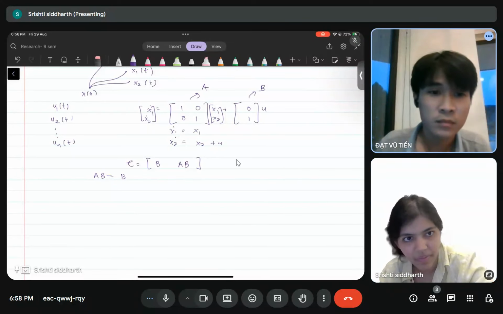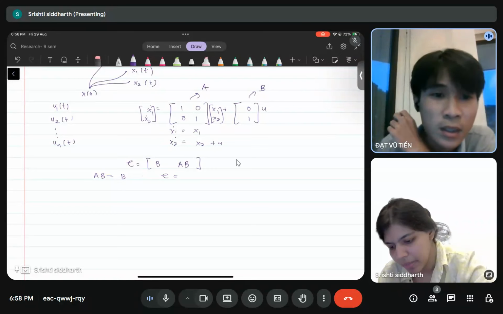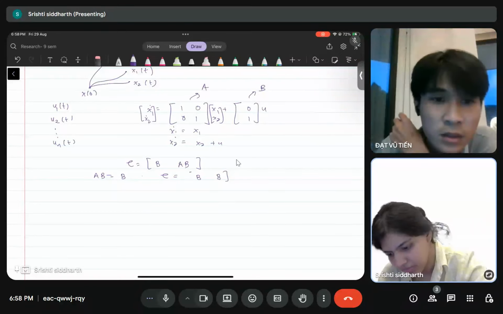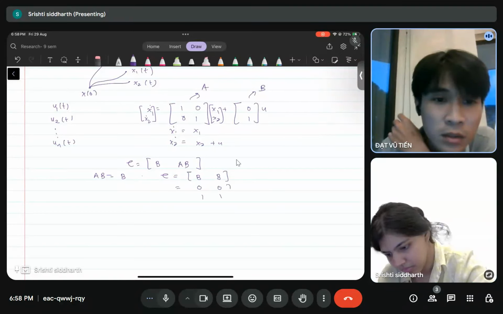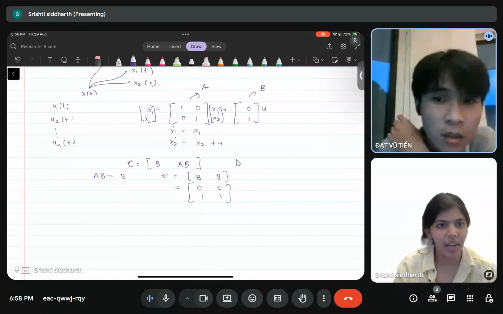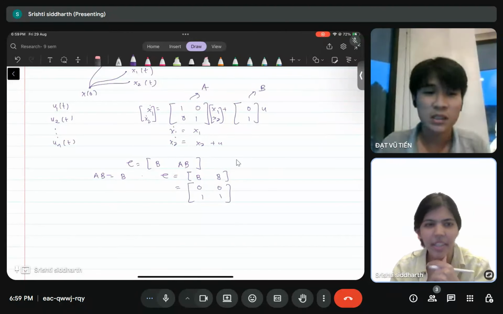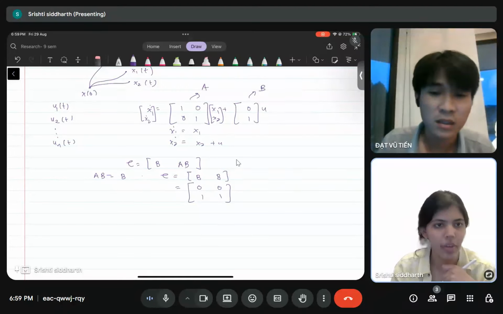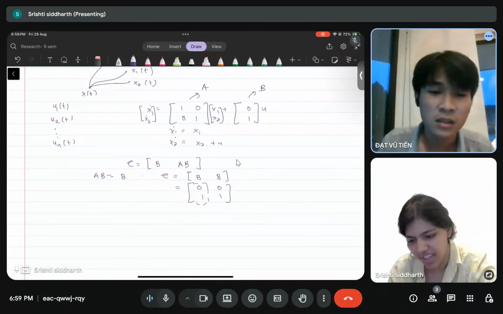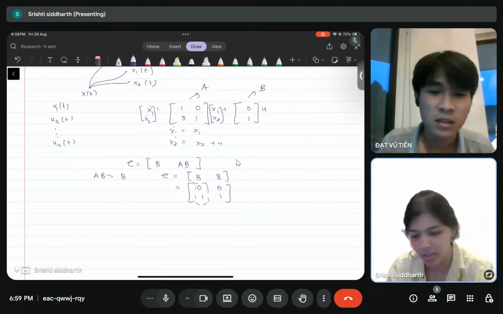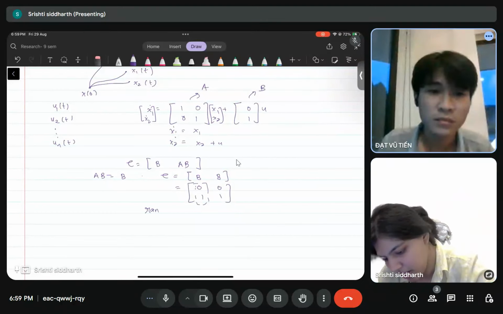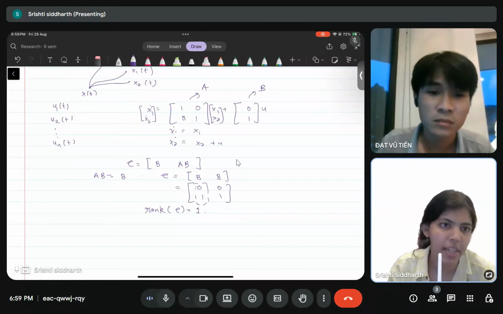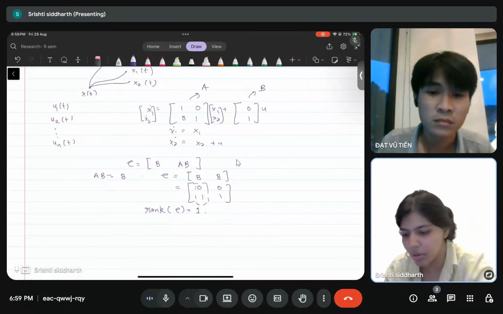AB is B. Controllability matrix is B and B. So what is the rank? Rank is either the determinant if it's a square matrix or the number of linearly independent rows or vectors. In this case, there is only one independent vector. Rank of C is 1. So only one of the states is linearly independent. One of the states is controllable.